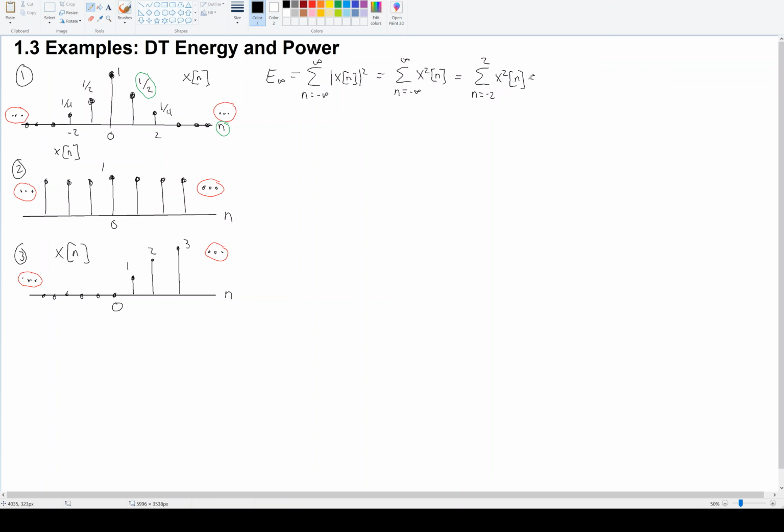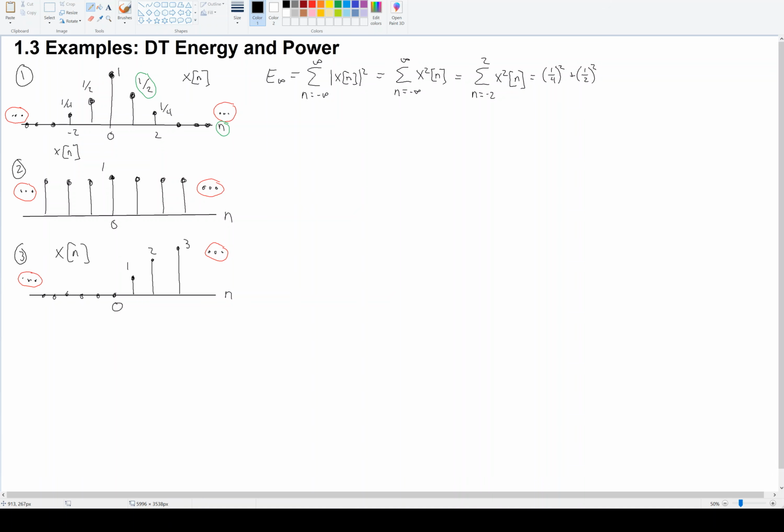Okay, and now I can evaluate this. Well, this is called expanding the sum. So when n is minus 2, the signal is 1/4. So I would have 1/4, and then we need to square it, right? Because our energy is to square. Then when n is minus 1, I have 1/2, and I need to square it.